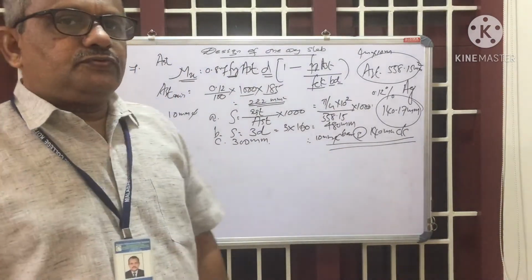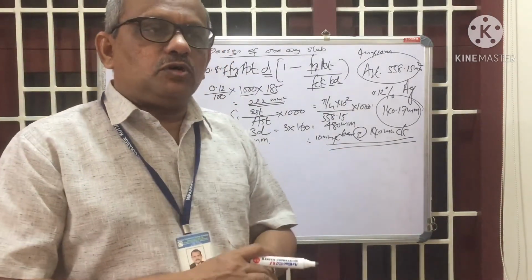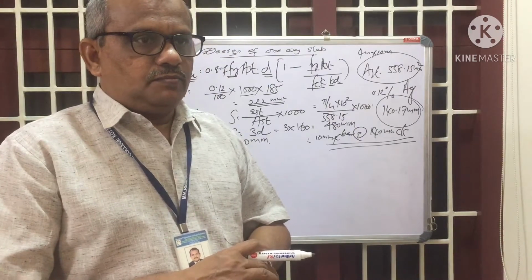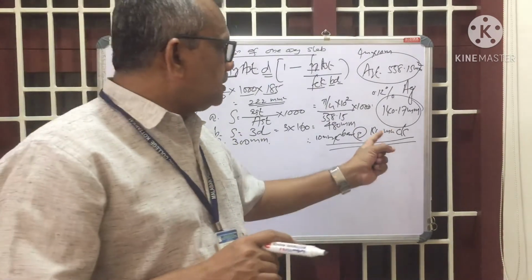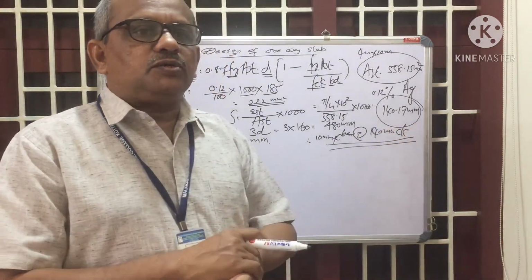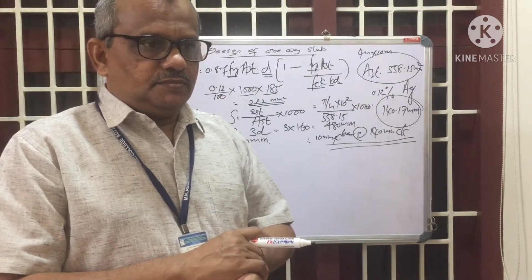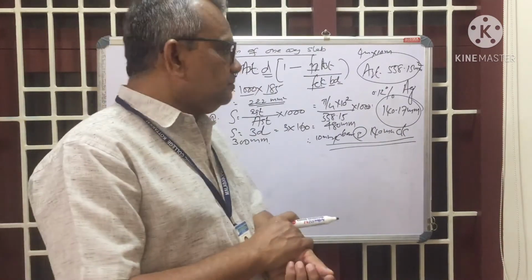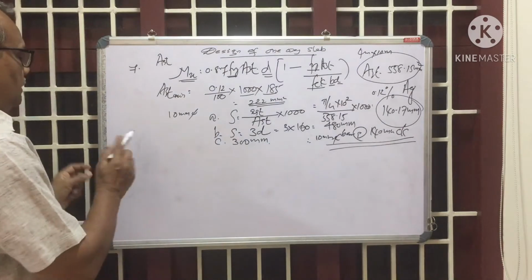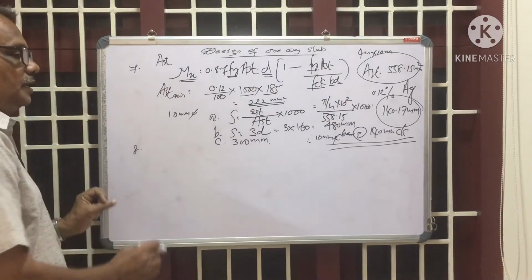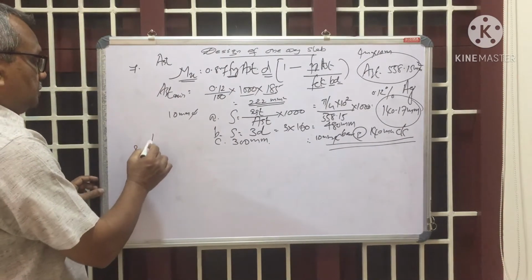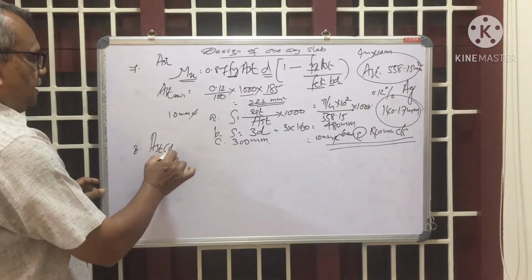So the design of the main steel reinforcement is over. Provide 10 mm dia bars at 140 mm center to center as the main steel. Now, similarly, number 8, area of distribution steel, ASTD.